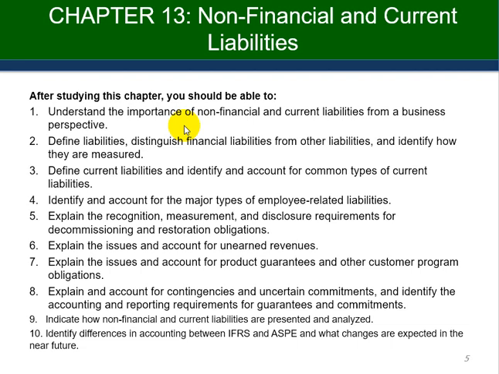We'll look at some employee-related liabilities, so all of the payroll deductions, and vacation and maternity leave, all those sorts of things come up under employee-related liabilities. We'll talk about decommissioning and restoration obligations, and there's an allowance set up for this.